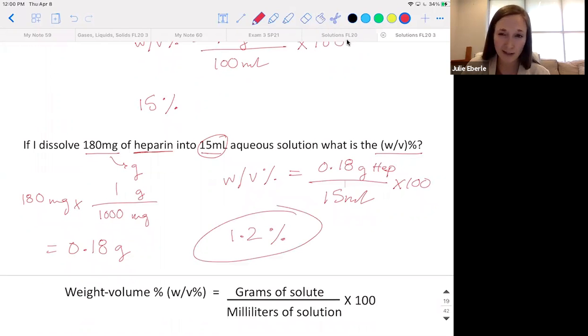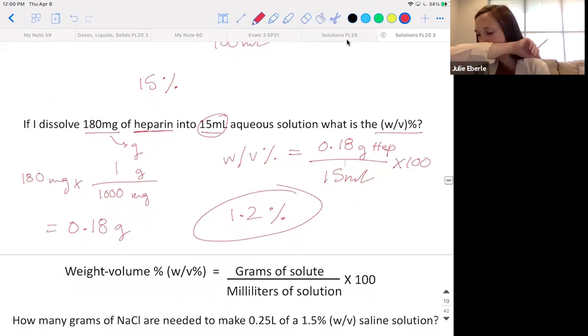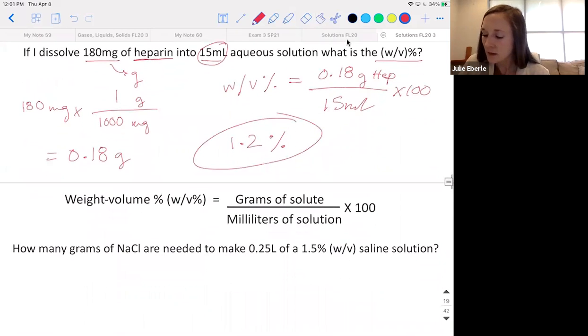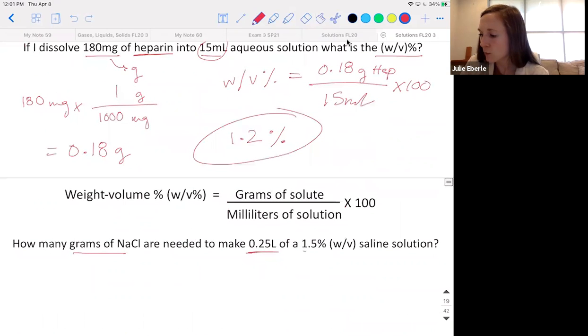So these problems are nice and relatively easy because you're just plugging everything in on one side of the equation and solving exactly how the equation says. So I'm going to give you a harder one. I actually have a poll question on this. So in the remaining 5 minutes, how many grams of NaCl are needed to make 0.25, look at the units, liters of a 1.5% weight per volume saline solution?